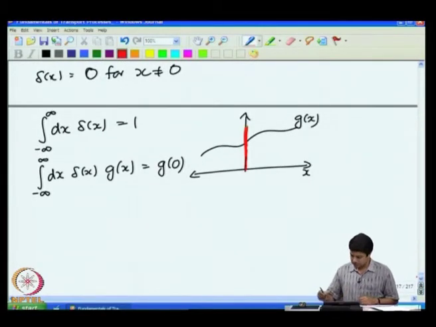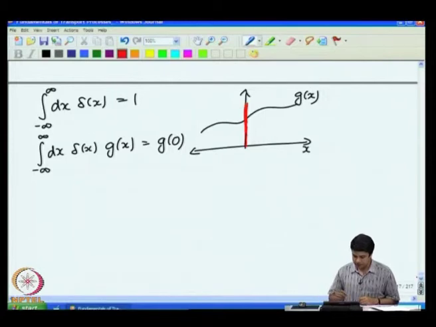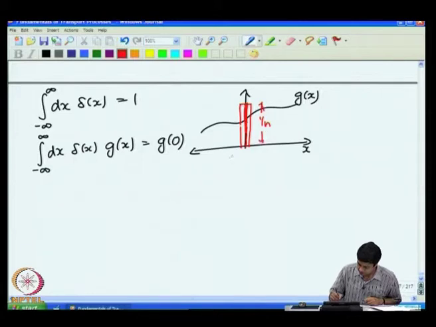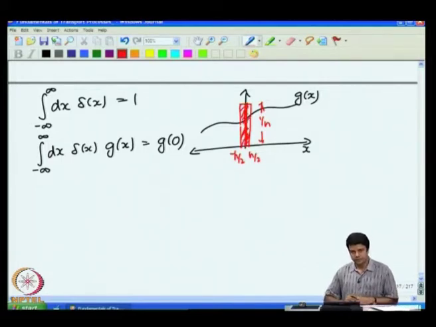Let us do this limiting a little bit more carefully. Let us take a finite delta of x, with height 1 over h and going from minus h by 2 to h by 2. Multiply g by this function and then take the limit as h goes to 0.